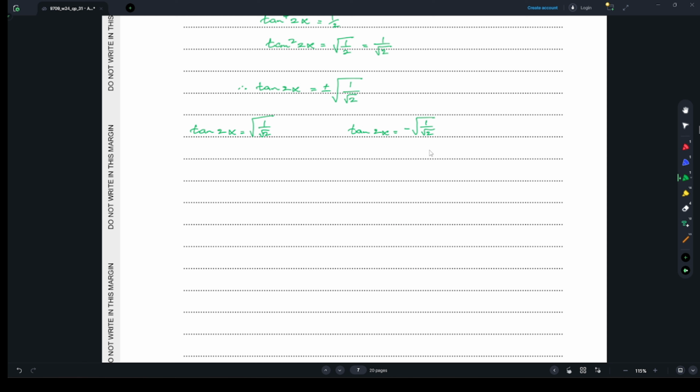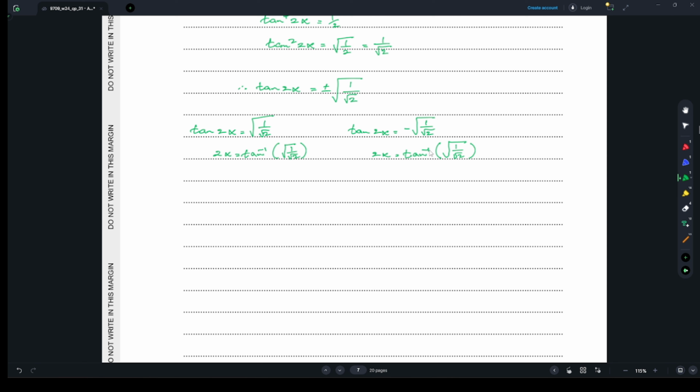So you can take 2 alpha equals tan inverse of 1 over root 2, and here also 2 alpha equals tan inverse of minus 1 over root 2.